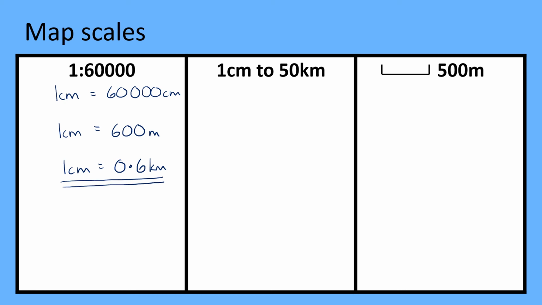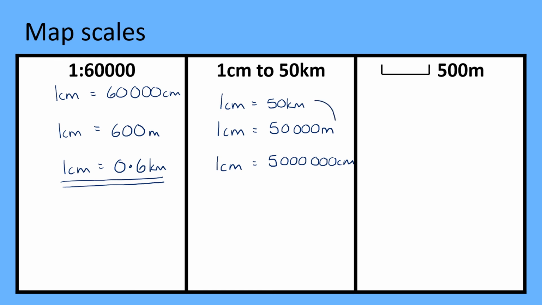Sometimes it might be the other way round, and you might want to get the ratio. So if it was 1 centimetre to 50 kilometres, so I'd say, well, 1 centimetre is 50 kilometres. And before I can go to a ratio, I need to make them into the same units. So 1 centimetre would be 50,000 metres, because there's 1,000 metres in a kilometre. And then 1 centimetre would be 5 million centimetres on the map.